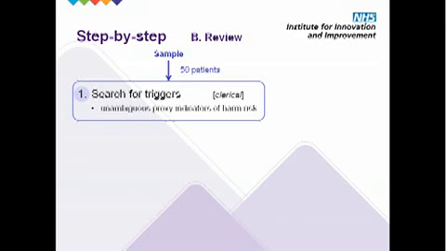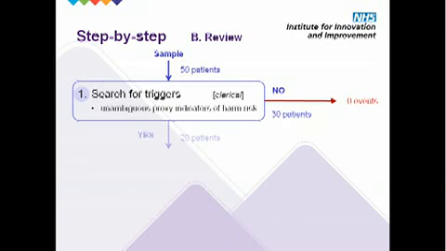So if we take our 50 sets of patient notes that we've randomly selected, our clerical staff will work through them and they'll look for the triggers. For example, in our case here, 30 of the 50 patients have no triggers found, and that's the end of their case note review.